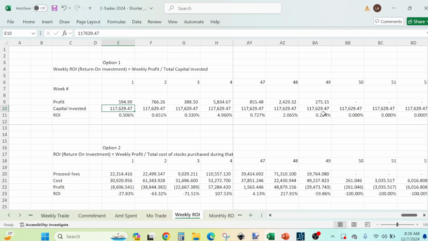So I like those two options compared to this one that is taking how much we purchased during that week subtracted from how much we sold during that week, regardless of which week we purchased them, to give us the profit or loss of that week. And it's calculating the return on that by taking that profit divided by how much we purchased that week.